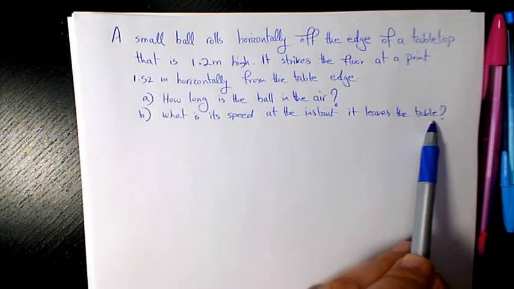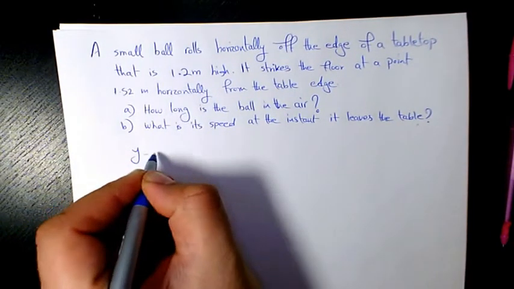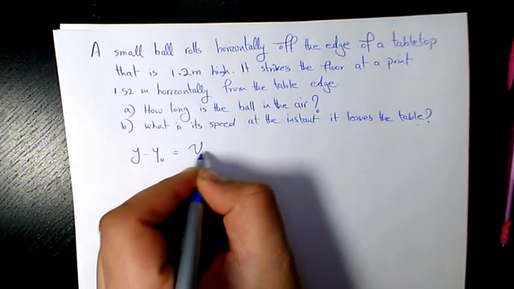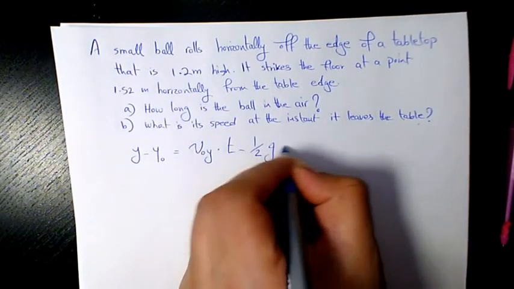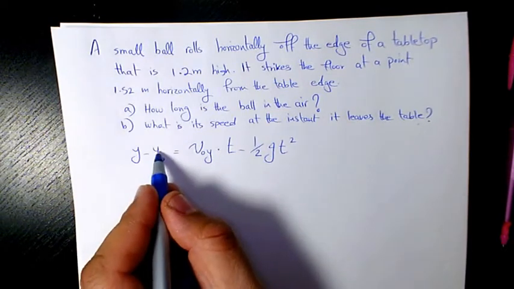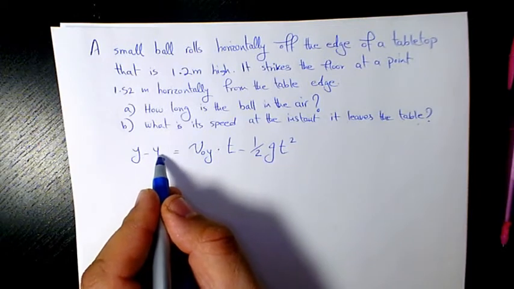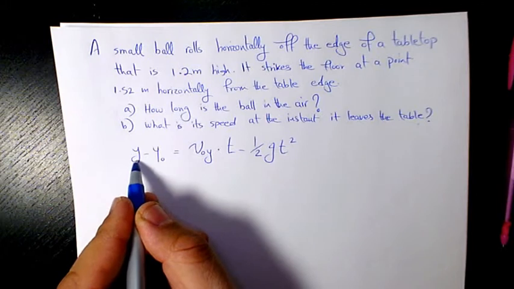So what we need to do, we can say that y minus y naught equals v naught y times t minus 1 over 2 g t squared. Now y naught is the initial height and y is the final height.